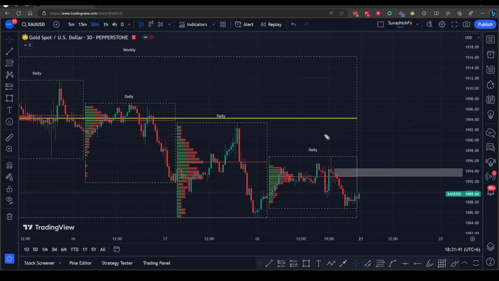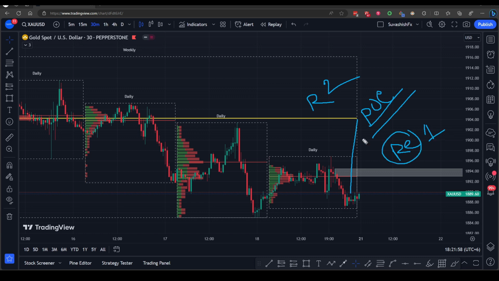That means price never came back to that level again. So there's resistance number 2, that's the POC, the strong POC, that's resistance 2, and that's resistance 1.